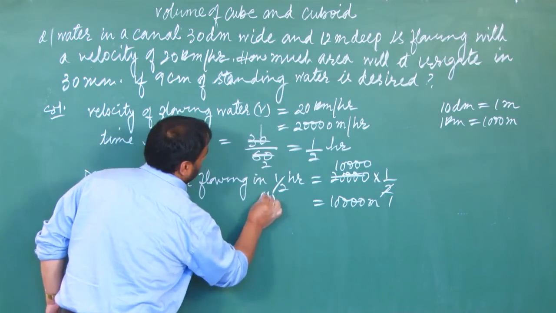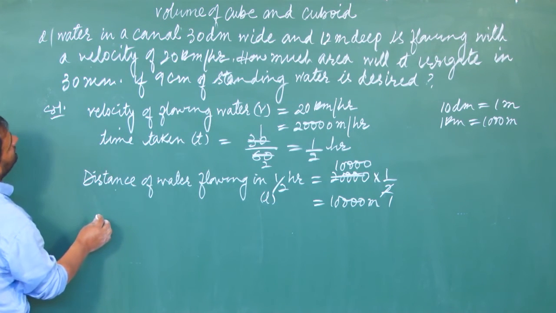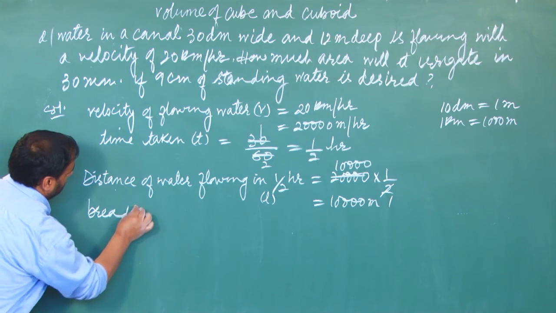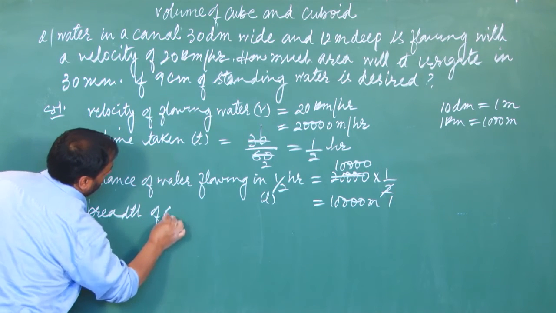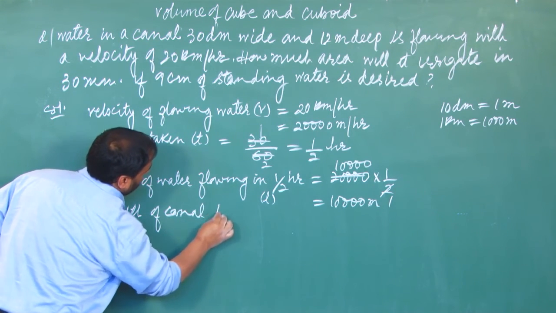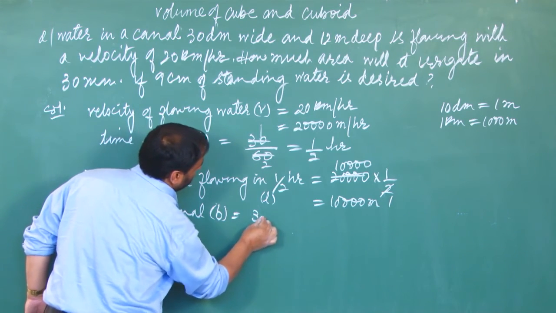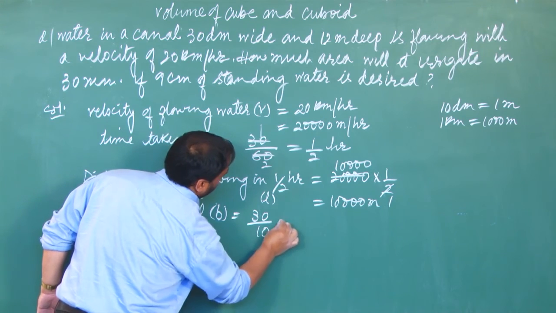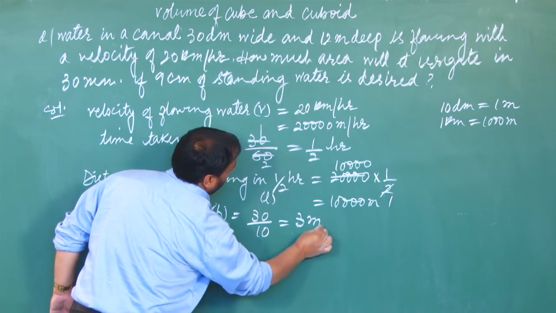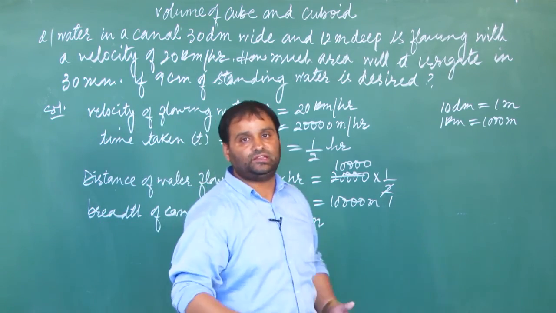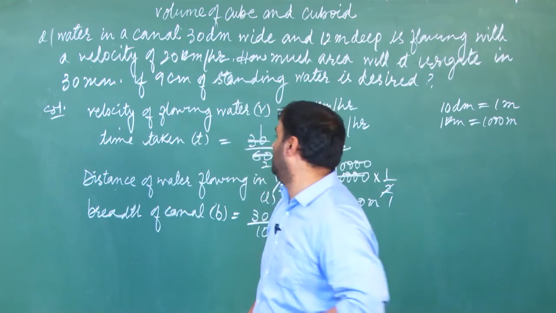Keep it as L. Now the breadth or the width is the same thing. The breadth of canal, which is to be denoted by B, is 30 decimeter. To change into meters, we divide it by 10 and it becomes 3 meters, because 10 decimeters is equal to 1 meter.